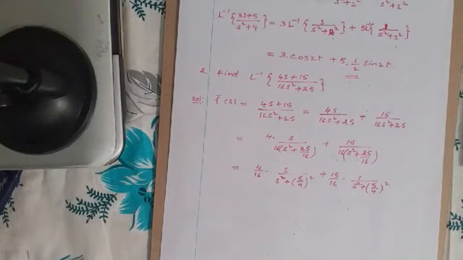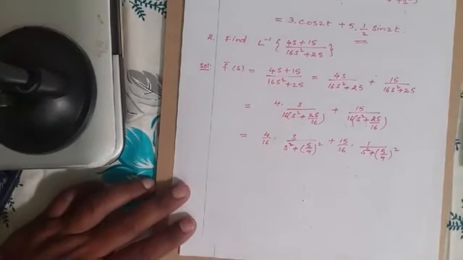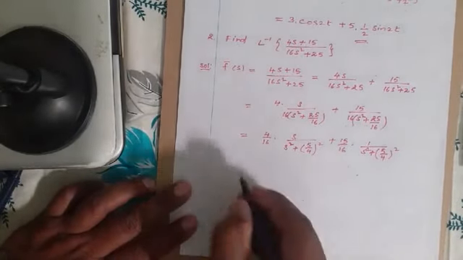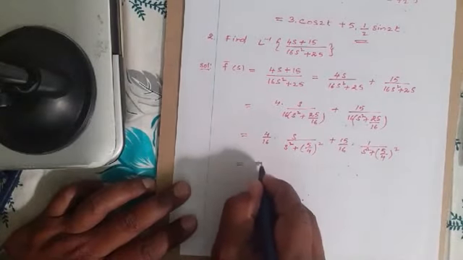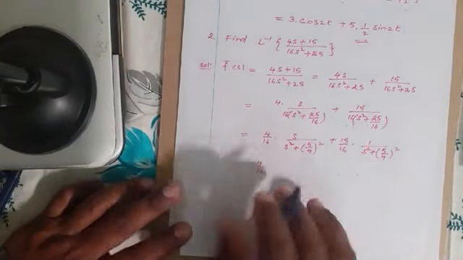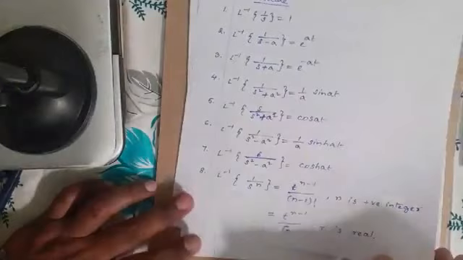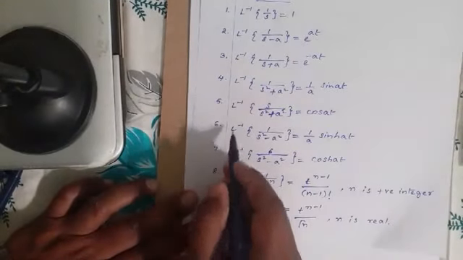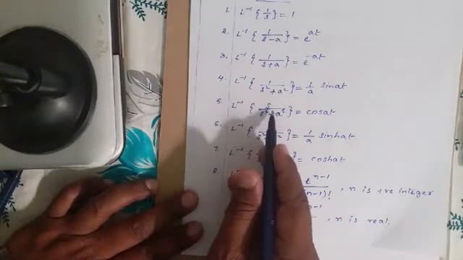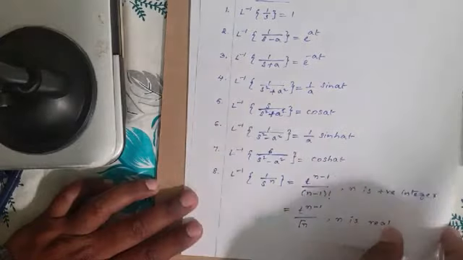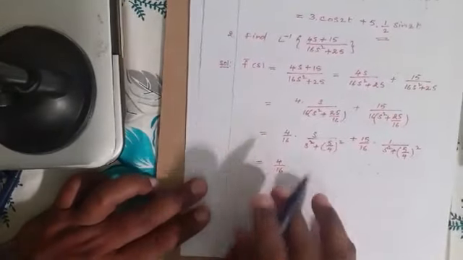So after taking this, now when you see the formula, this is equal to 4 by 16. When you apply L inverse, L inverse of s by s square plus a square, so here we have to apply L inverse now.